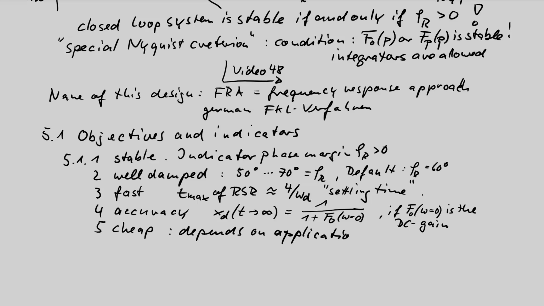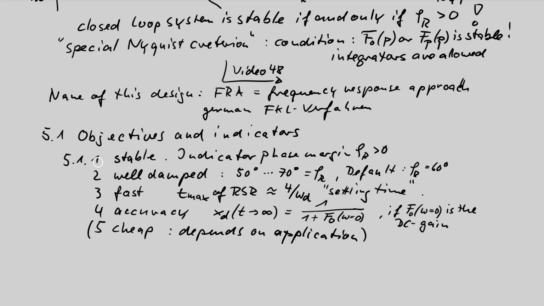We can only tell something about the 4 technical parameters, and if a stable, well-damped, fast and accurate loop can be sold, then be happy. If this fits the price of the user, then this maybe can become a good product.